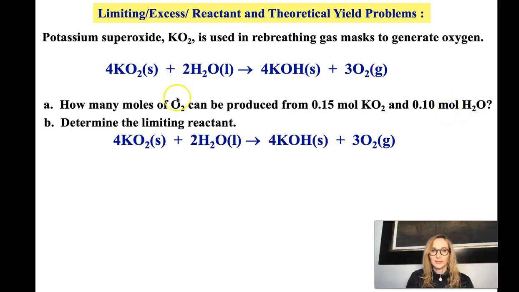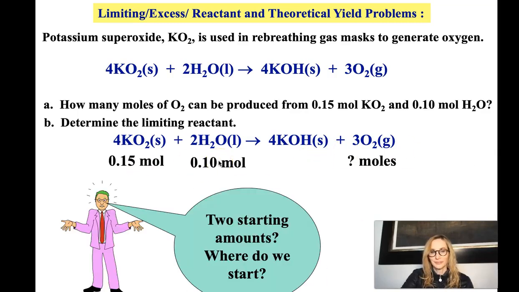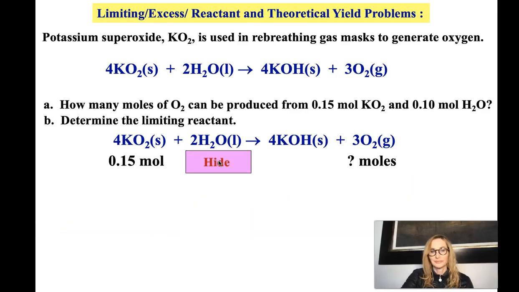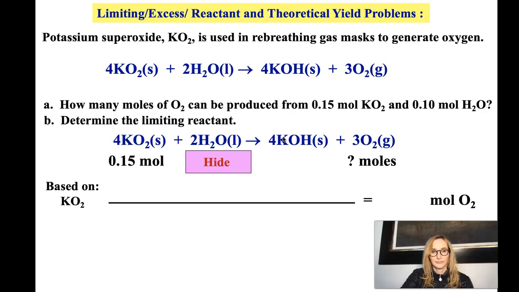They want to know about O2, so we're going to focus on this. But we would do these one at a time in 2 equations. Again, I would just write 1 here, because we're going to do 1. And I would even hide the KOH, because they're not talking about that right now.